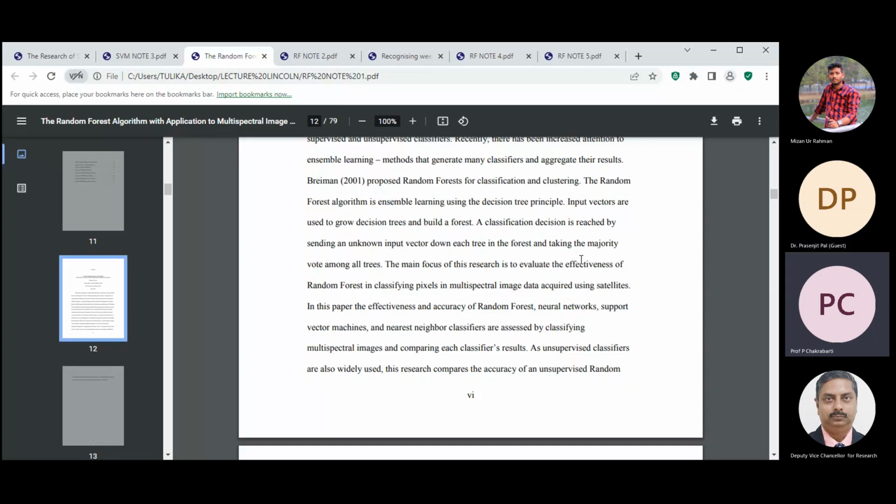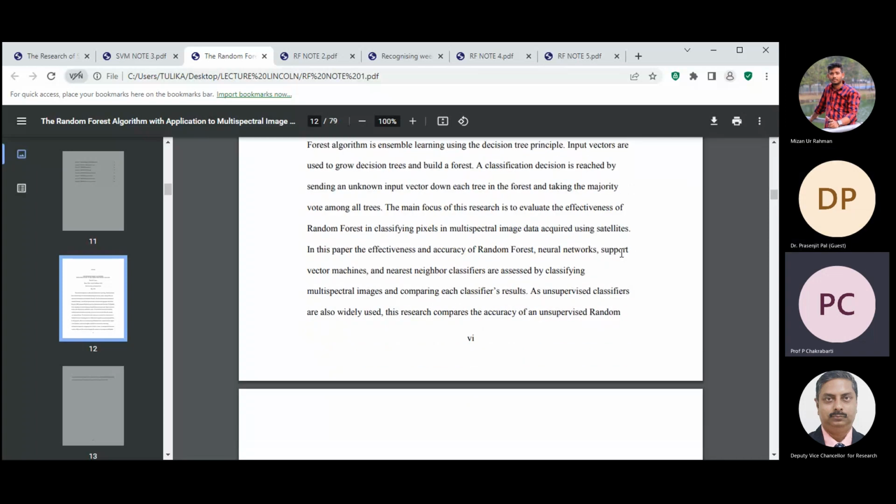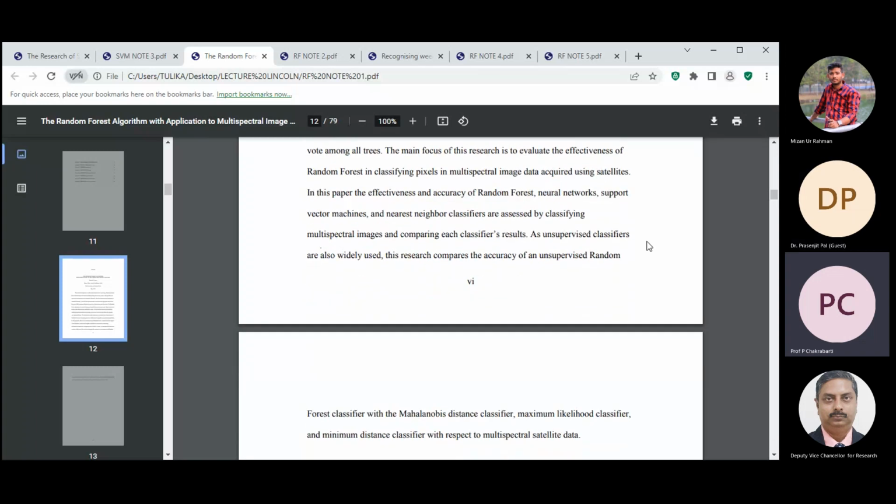Another thing is that the total random forest is based on ensemble learning. That means they use the concept of the decision tree principle. When there is a decision tree, there should be an input vector, there should be an output vector, and also there should be the decision parameters. Now when we use random forest, we have to decide which classifier you can use, whether the nearest neighbor or the neural networks.